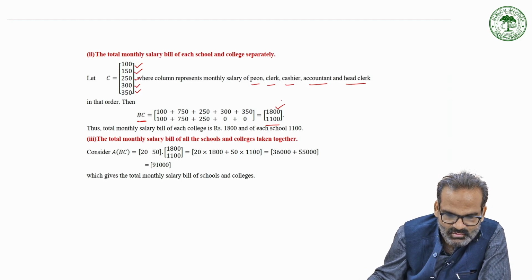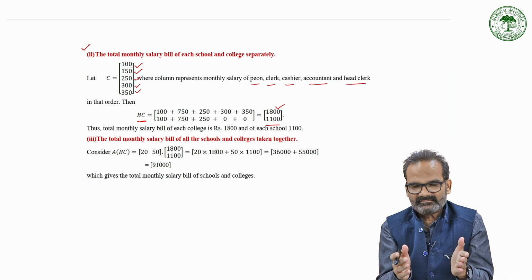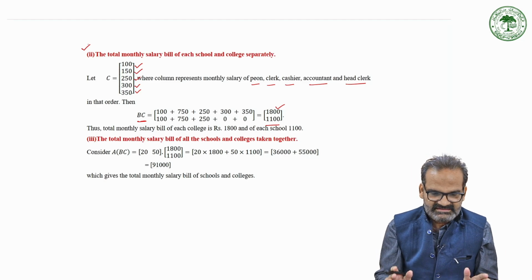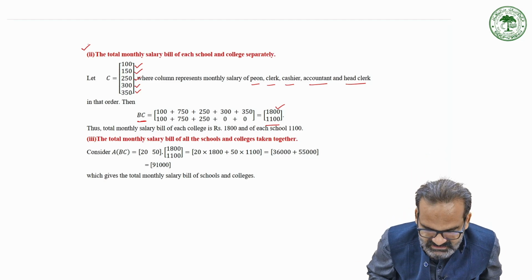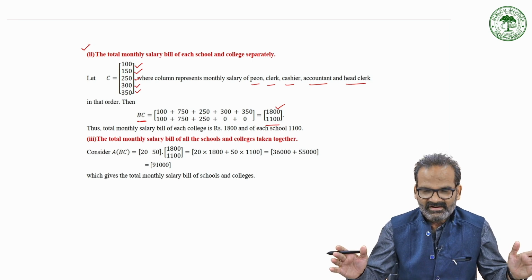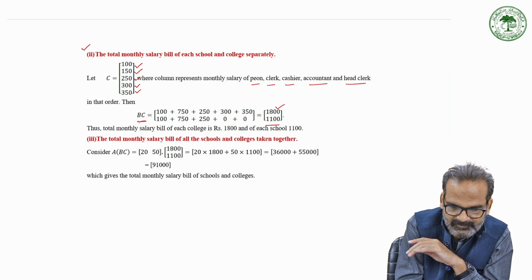Case 3: the total monthly salary bill of all these schools and colleges taken together. In case 2, we calculated them separately, but in case 3 we want the combined total. So BC is separate.